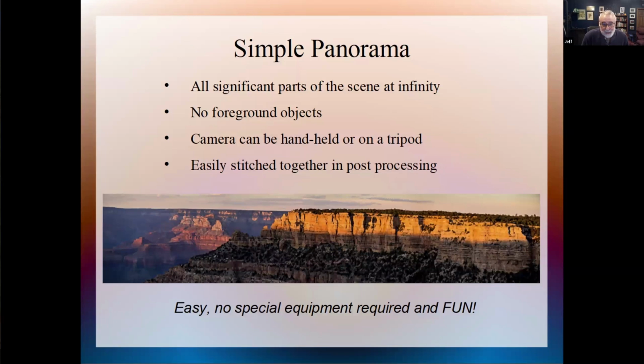What's nice about that is traditionally you can have your camera on a tripod, or you can just handhold it and take multiple images. We'll talk about that more, but you can just swing the camera left to right and take multiple overlapping images and then process them, and you'll get a very nice looking panorama.